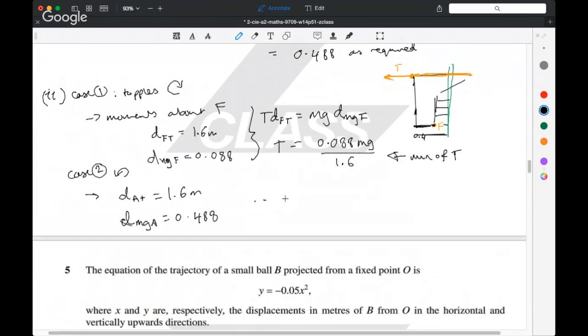And you just do exactly the same thing. And this is going to be the max value of T. So if T gets smaller than this or bigger than this, it will topple one way or the other.